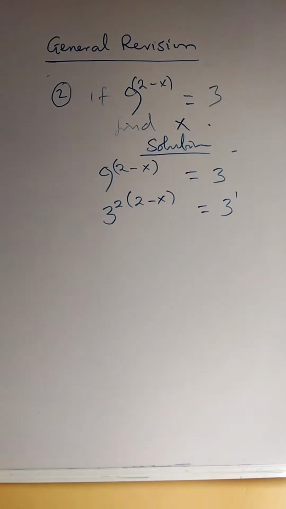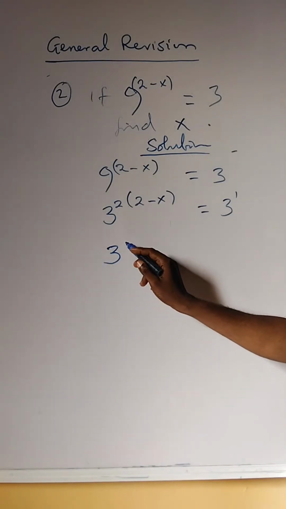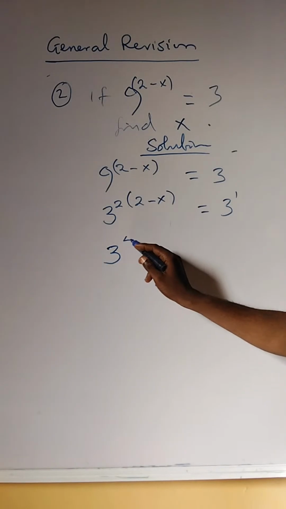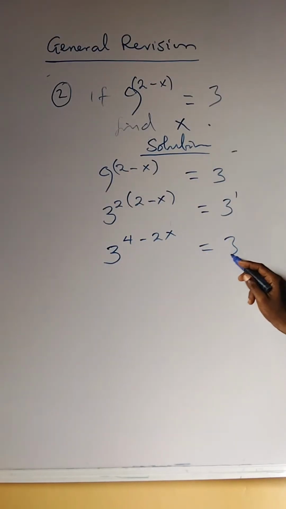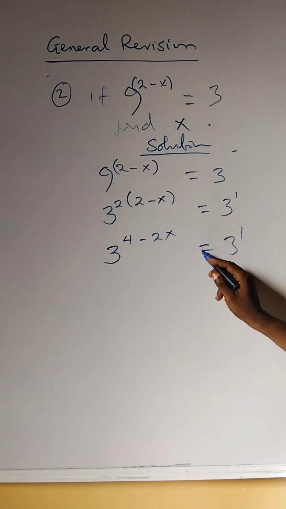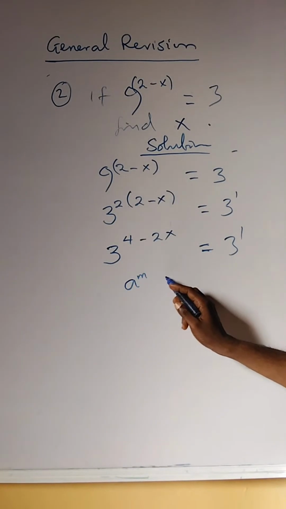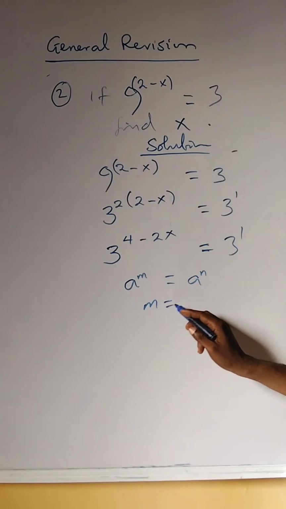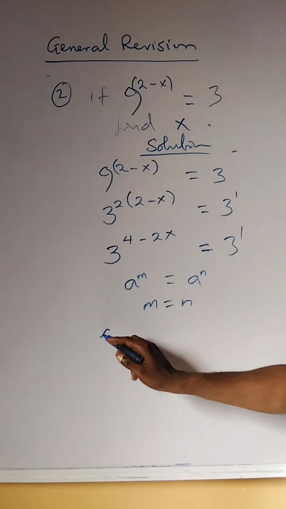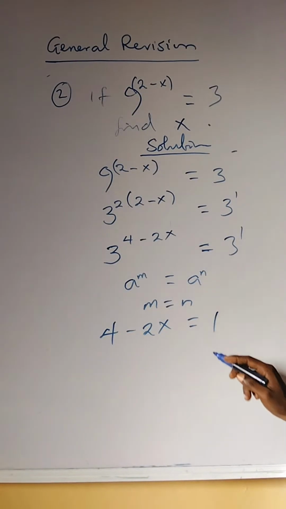So we open this bracket, and this becomes 3 raised to the power 2 times 2, that's 4, minus 2 times x, 2x, equals 3 raised to the power 1. Now we can drop the base: when we have a raised to the power m equals a raised to the power n, then m equals n. So here we can say 4 minus 2x is equal to 1.